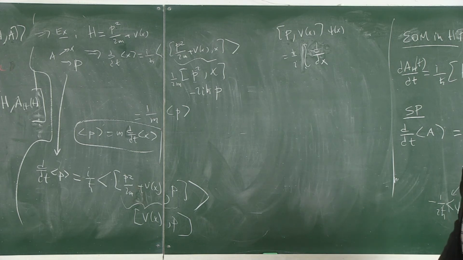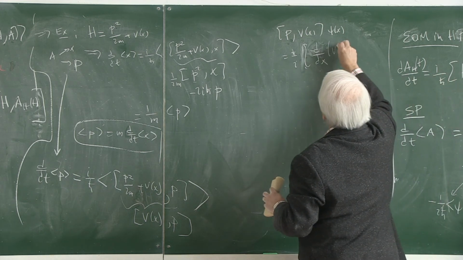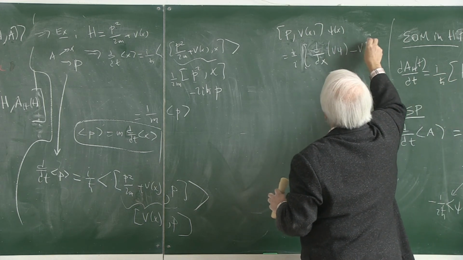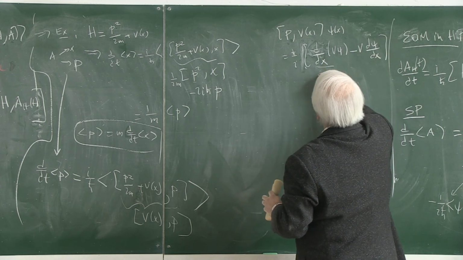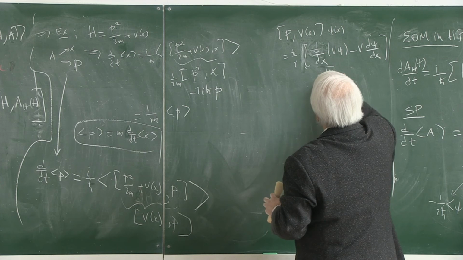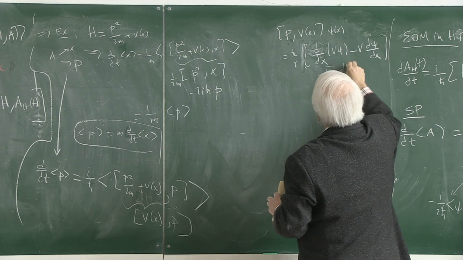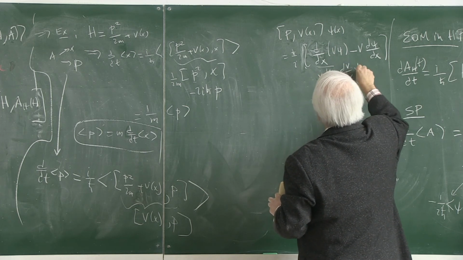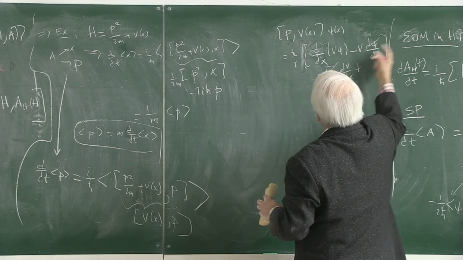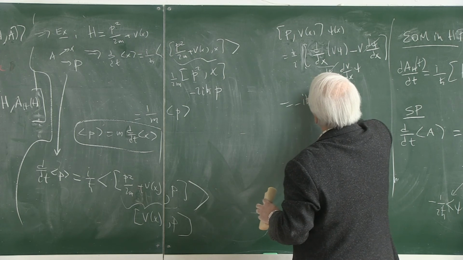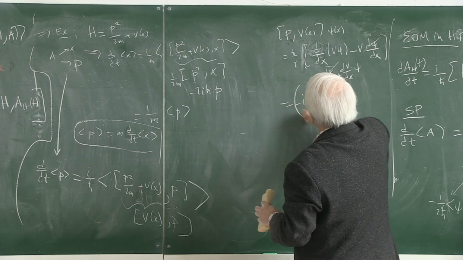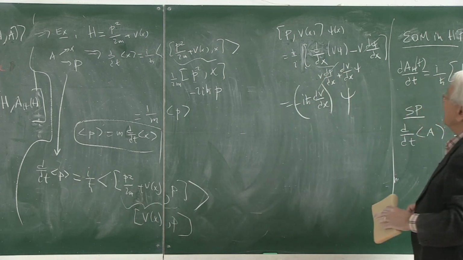It's one-dimensional, so you use the straight derivative. d by dx, V on psi, minus V d psi dx. This one is V d psi dx plus dV dx psi. The first and last cancel, and you have minus i h bar dV dx on psi.